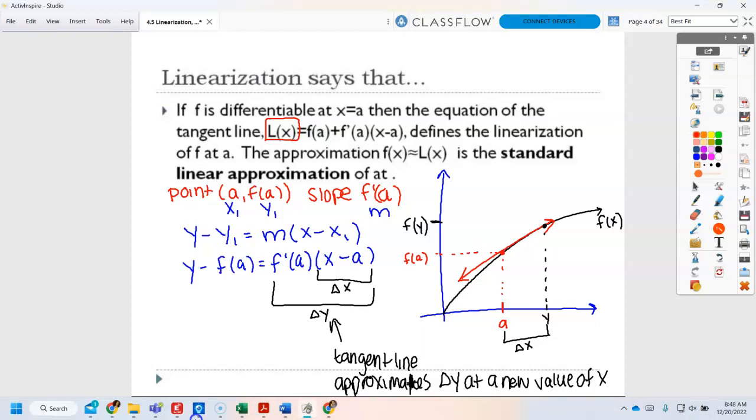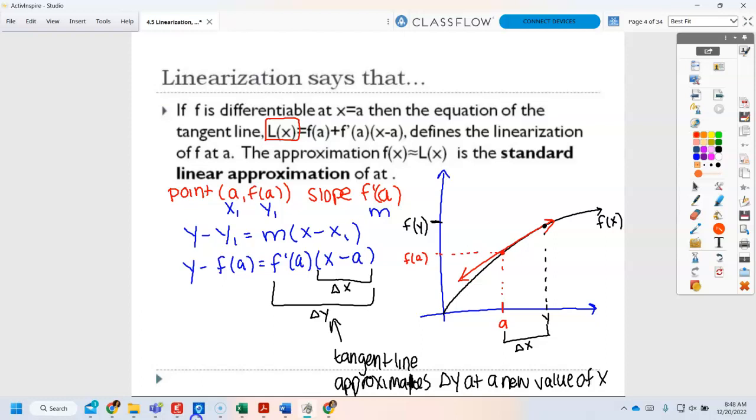If a function has a certain concavity, then that is going to affect whether our linear approximation is an over or under estimate.